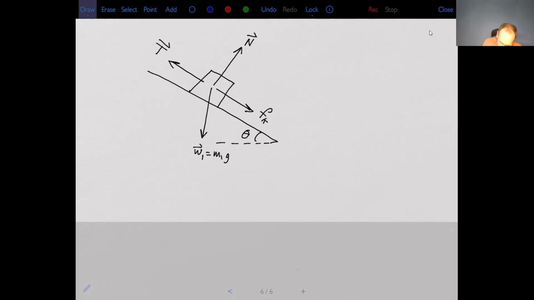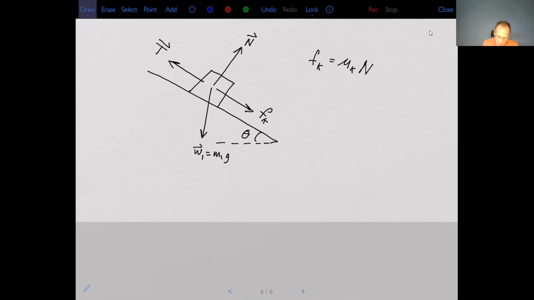Remember, Fk is equal to mu k, that coefficient, which we know from earlier because we found it when we did the graph. Actually, we found it twice, but we're going to use the one where it was the slope of the graph where we plotted the kinetic frictional force versus the normal force. We know that the kinetic frictional force is mu k times the normal force.